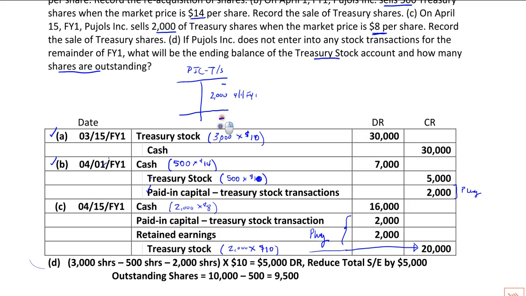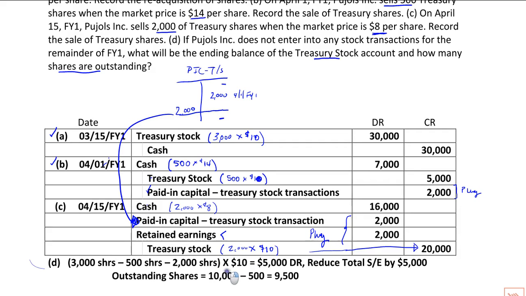We cannot have a debit balance. So the most that we could debit is 2,000, and that's this number right here. So if you exhaust paid-in capital treasury stock, then you have to go to retained earnings.